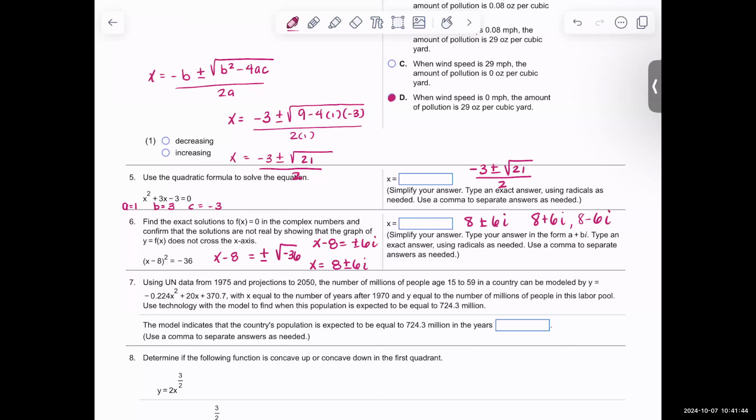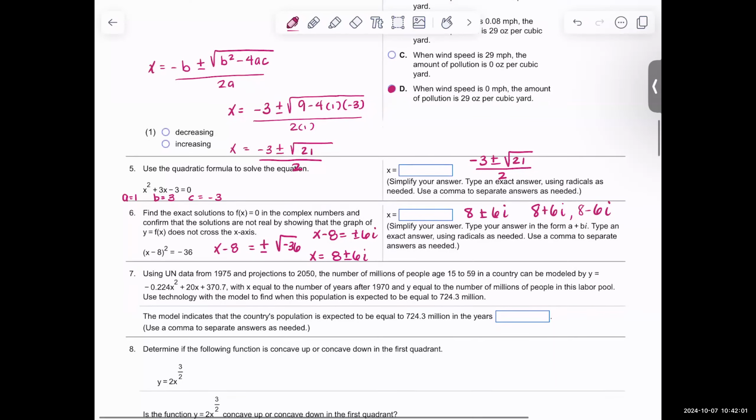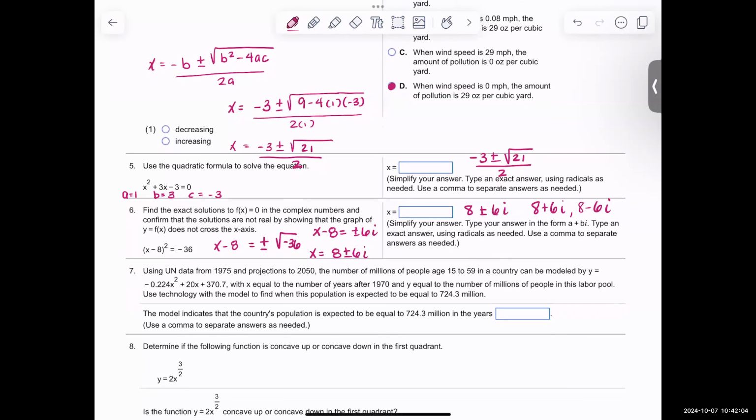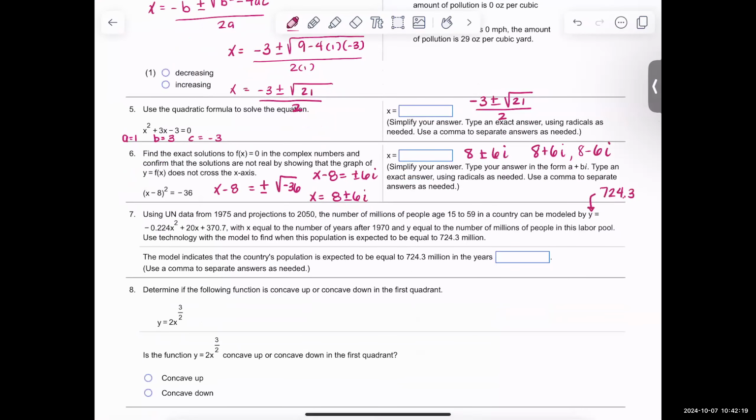Use technology, use your calculator, with the model to find when this population is expected to equal 724.3 million. So what you're trying to solve here is the equation where y equals 724.3. So you could certainly write the equation, and I'm going to do that right here.